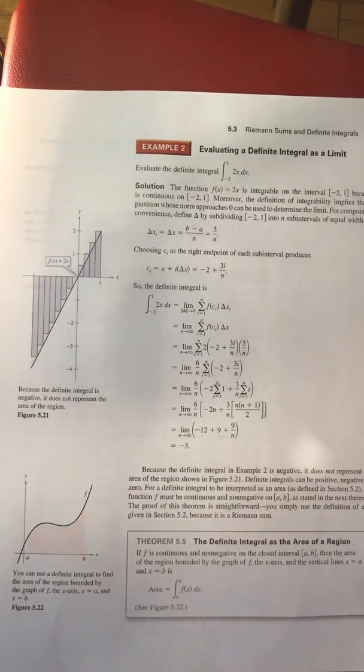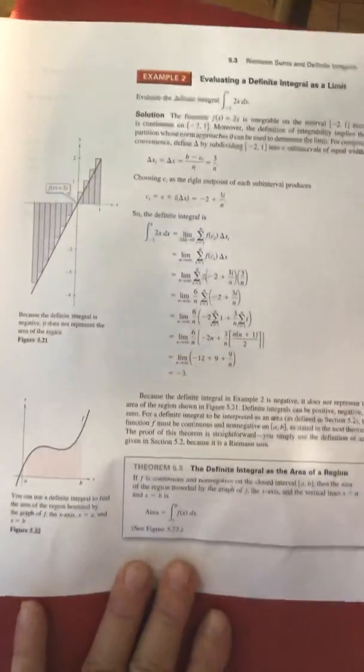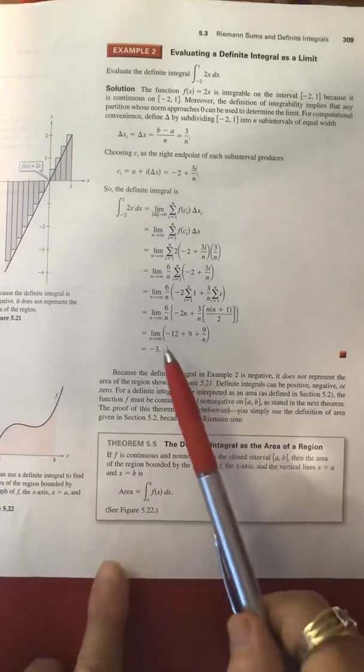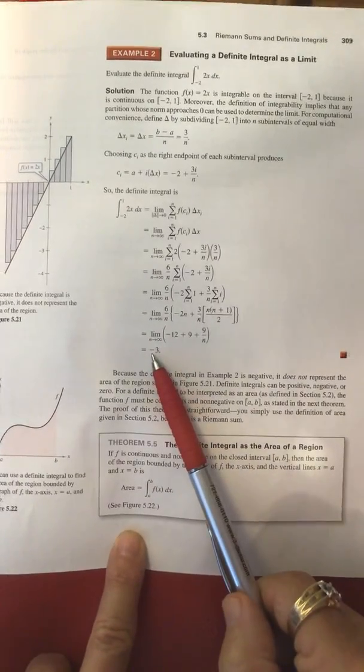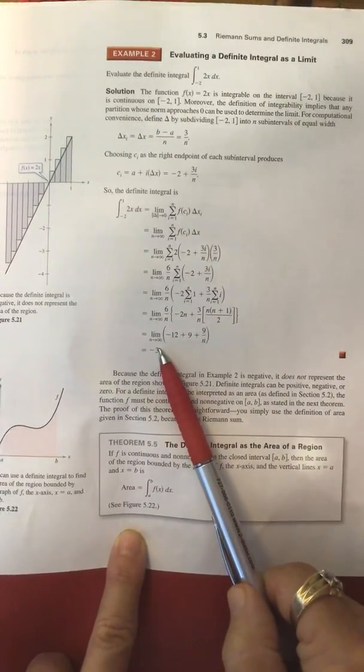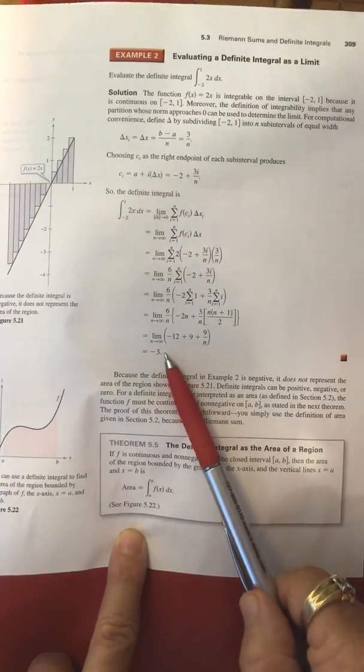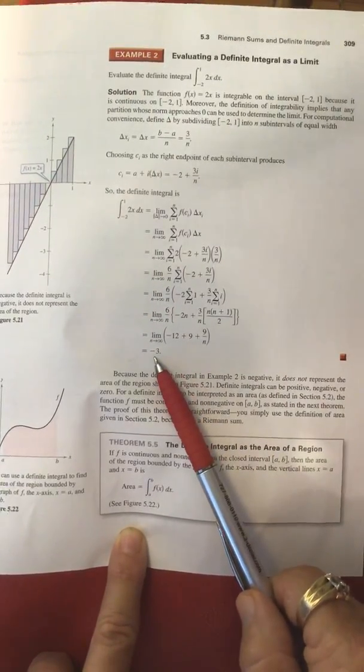Now, definite integrals can be used to find area. All definite integrals are not area. Obvious point: area can't be negative. So this definite integral can't be the area, the answer being -3.